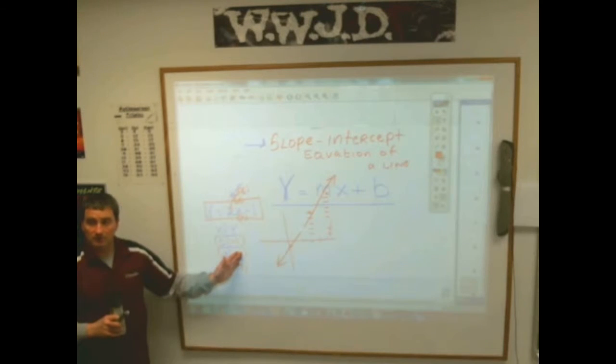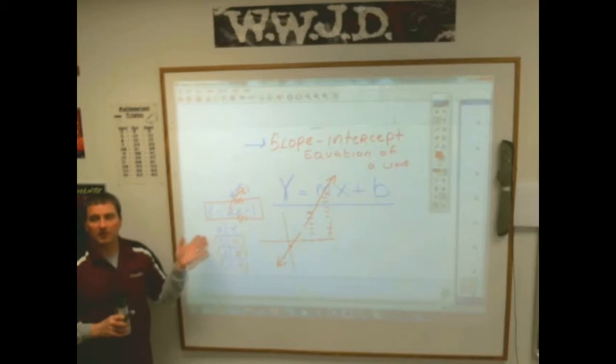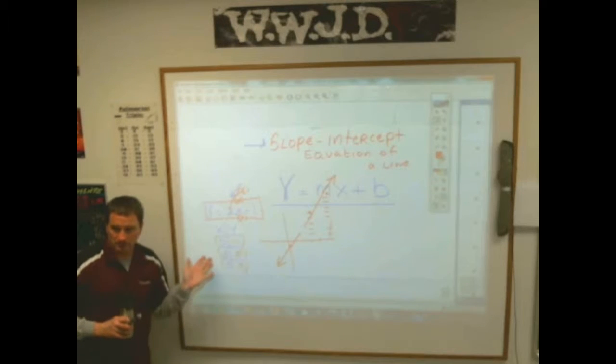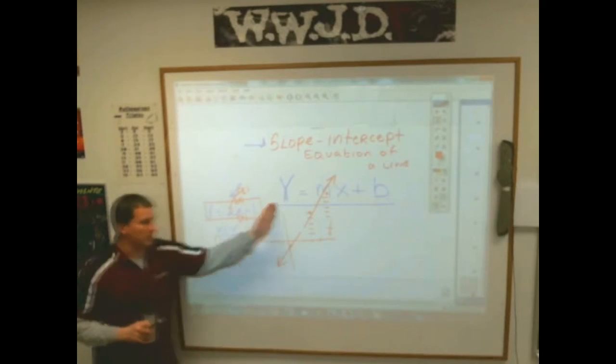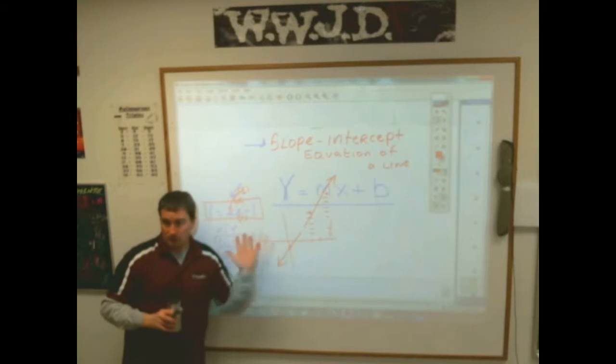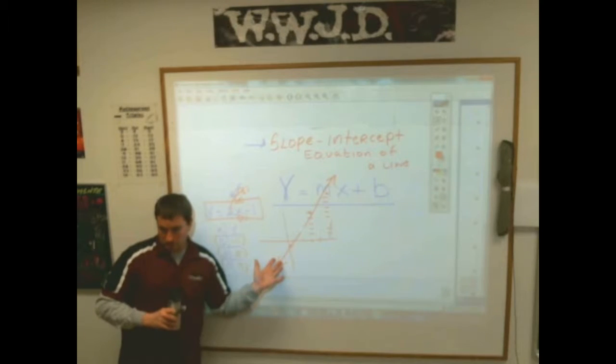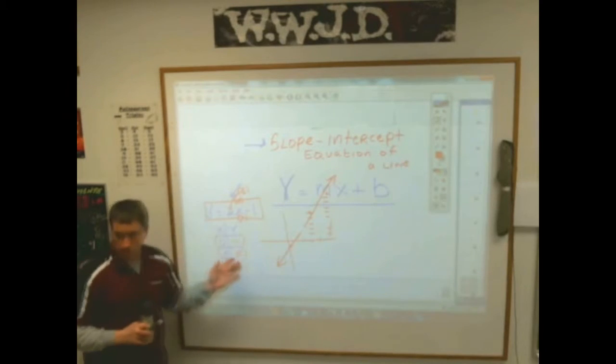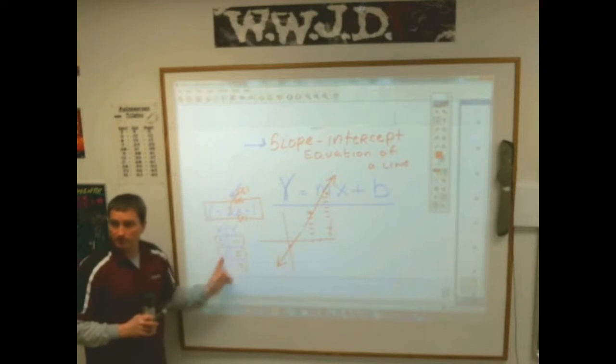I don't get the whole graph. I don't get how to find what you're supposed to do out of y equals 2x minus 1. So, you don't know where the x's came from.